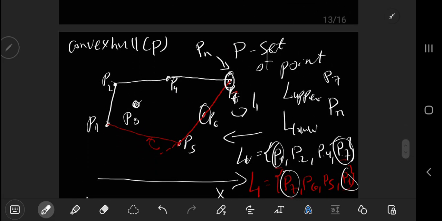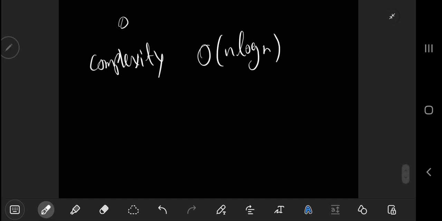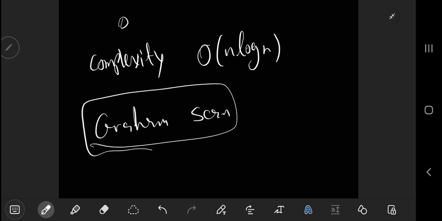So thank you very much. This was the convex hull algorithm, and you saw how we did it. We move in the clockwise direction. By the way, the complexity is important: the complexity of this algorithm is O(n log n). I'm not sure, but I think it is also called Graham scan, though I'm not sure it's totally defined as Graham scan.